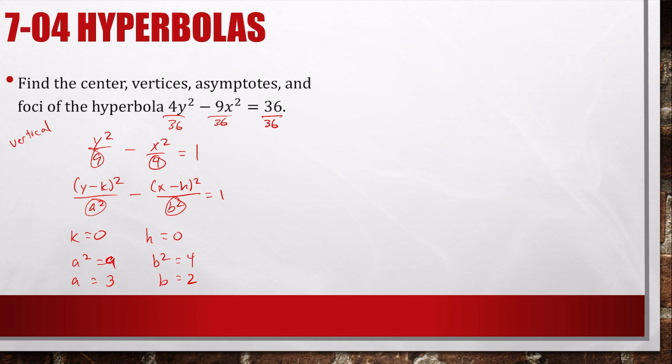I think that's most all we need to find c. c squared is a squared plus b squared. a squared was 9, b squared was 4. So c is the square root of 13. Looking for the center, which is (h, k), that would be (0, 0).